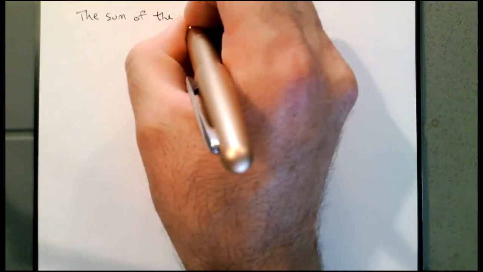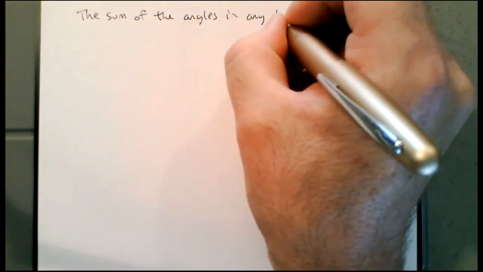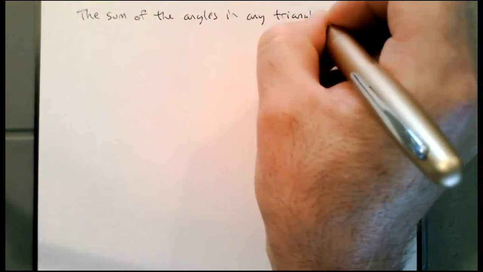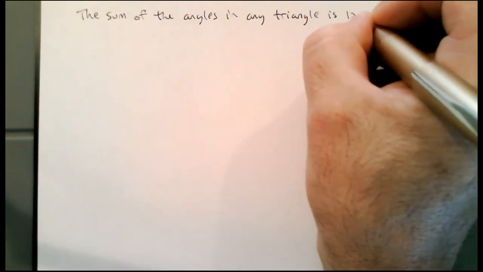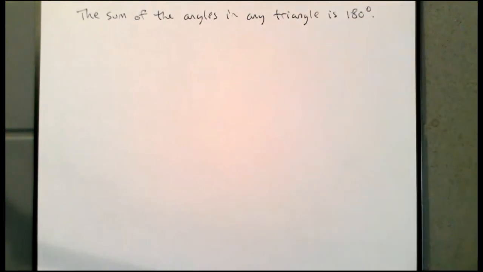One of the big things that we know about triangles is that the sum of the angles in a triangle is 180 degrees. The sum of the angles in any triangle is 180 degrees.